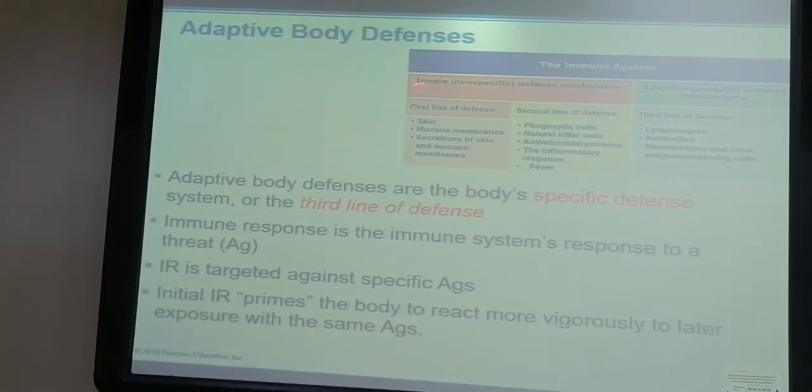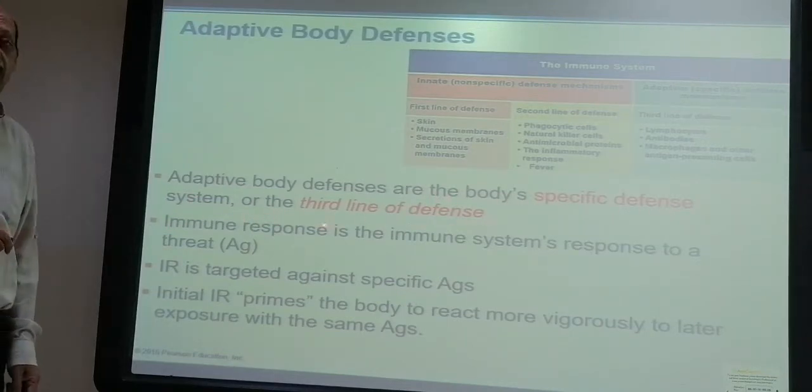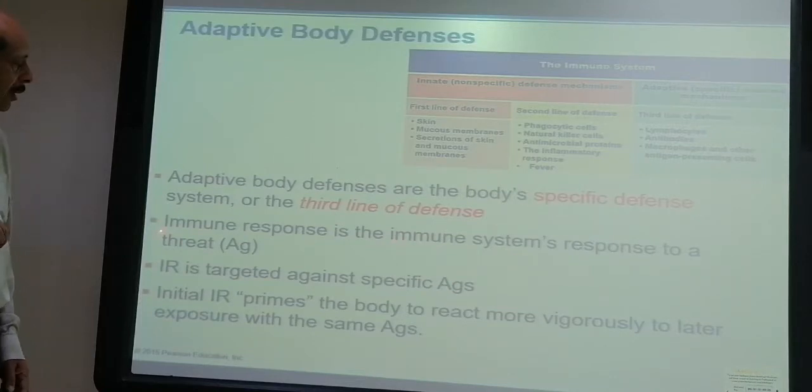In the adaptive defense mechanism, the adaptive body defense mechanisms are the body's specific defense system, or the third level of defense. Here the immune system responds to the trigger, the antigen, which is the bacteria or whatever it is. The immune response is triggered against the specific antigen.